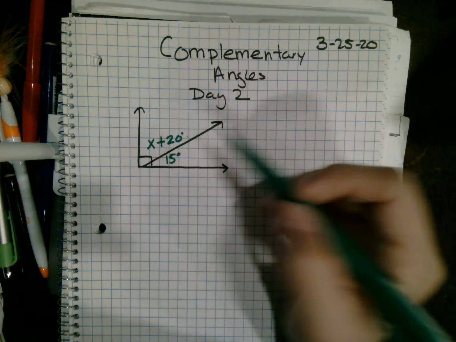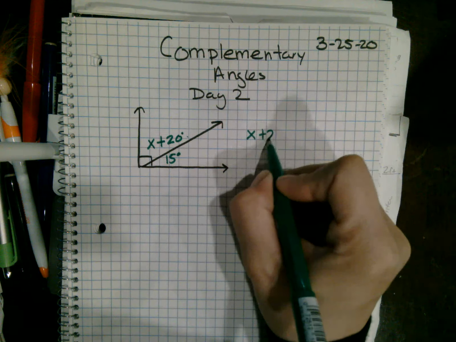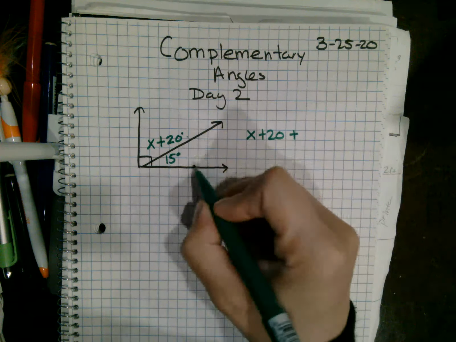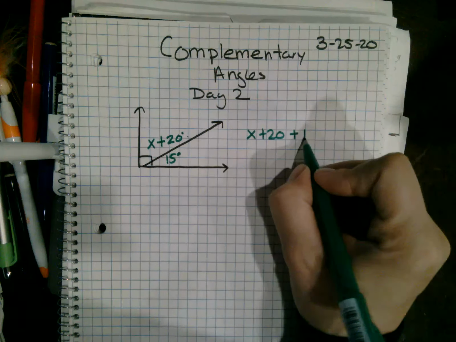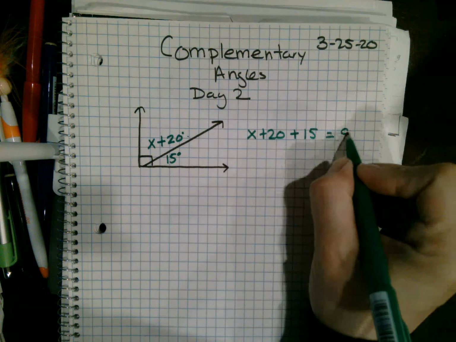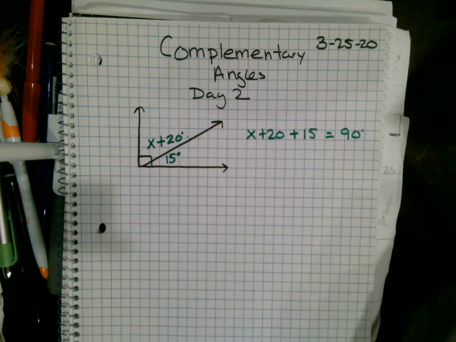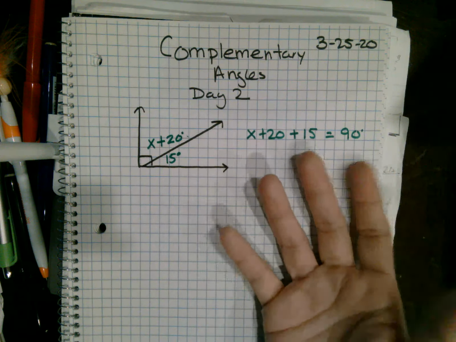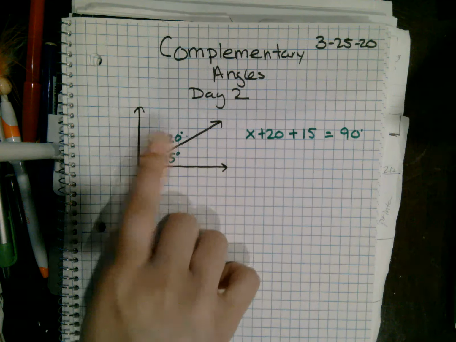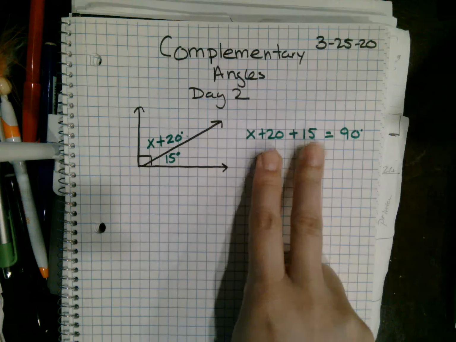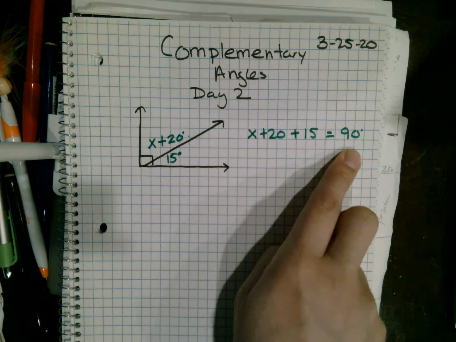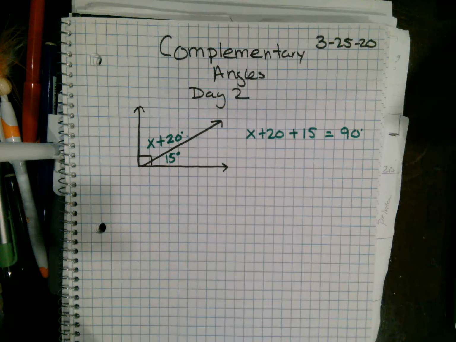We take this angle, which is x plus 20, plus this second angle, which is just 15, and both those together equals 90 degrees. So kind of like what we learned yesterday. This angle plus this angle together, add them together, give you 90 degrees. And that's what this is saying right there.